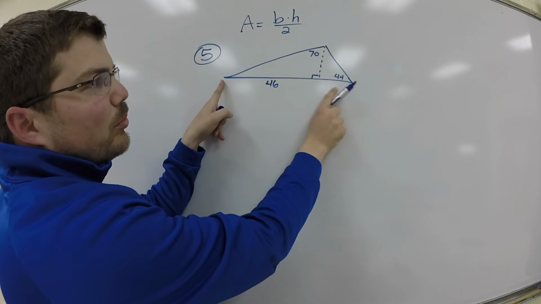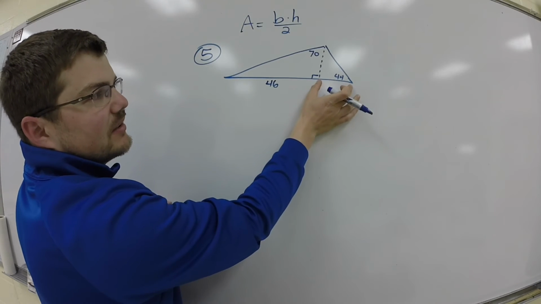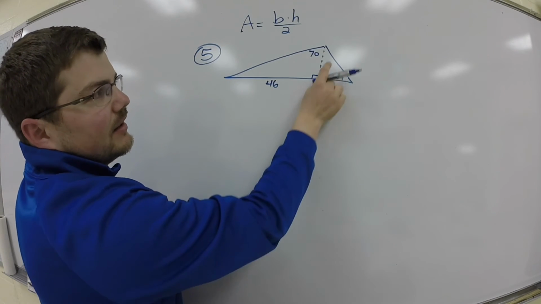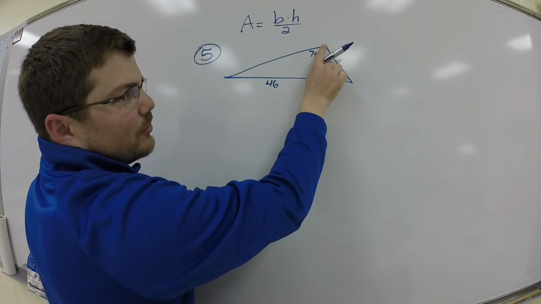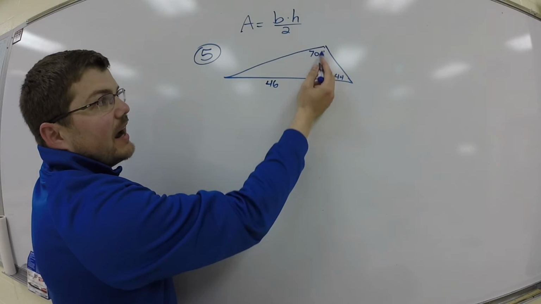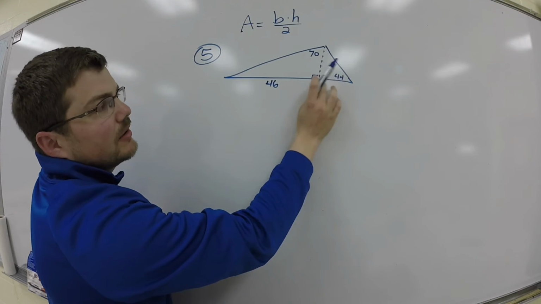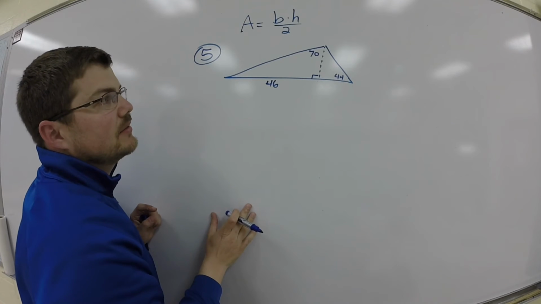So that's not my whole base. I would need to have this little part added to 46 to make my base. And I need this line for my height. So we have to do SOHCAHTOA to find our height, and then we'll use that to find our missing piece here to add to our 46 to get our base.